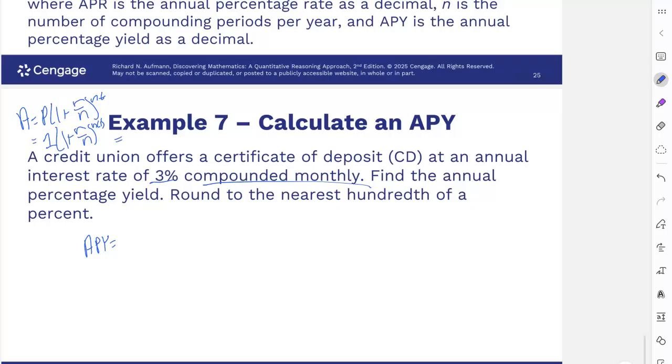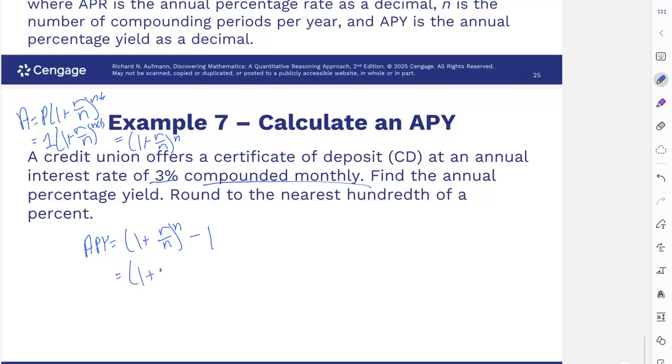So this is really going to be 1 plus R over N to the NT. And that's where my formula is coming from. But then I'm going to subtract, sorry, that T is 1, so it's just N. So then I'm going to subtract that dollar that I invest, and that's going to leave me with that decimal. It's the interest that you would earn if you invested that dollar for 1 year, because we would subtract that initial amount.